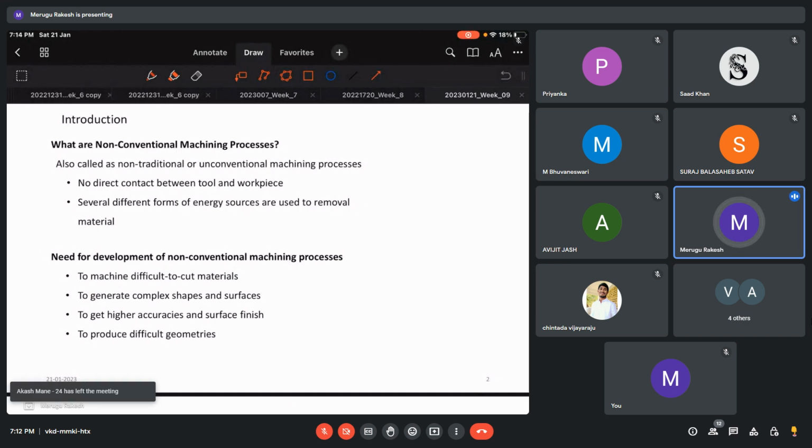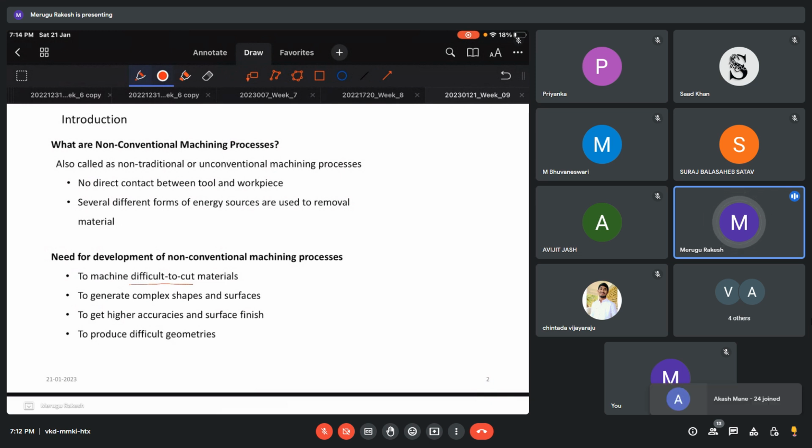So one is if there are difficult-to-cut materials. This is a fancy word. We classify any material into this category if it is very difficult to cut in conventional processes. Suppose you're turning a workpiece and you have a very high tool wear rate, so the tool is getting worn out very easily.